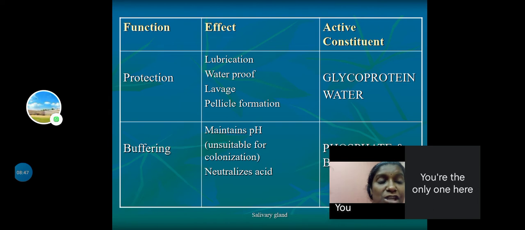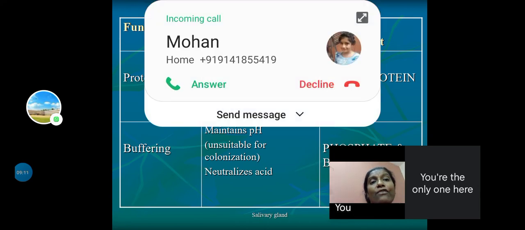Pellicle formation. Pellicle formation is a layer of protein that usually forms onto the hard surface, that is the tooth surface. It tends to coat the surfaces of the tooth. So pellicle is good for the tooth because it determines the entry of substances in and out of the tooth substance. For example, continuous mineralization of enamel. That is quaternary mineralization which we say. That is the outermost layer of enamel being the hardest.